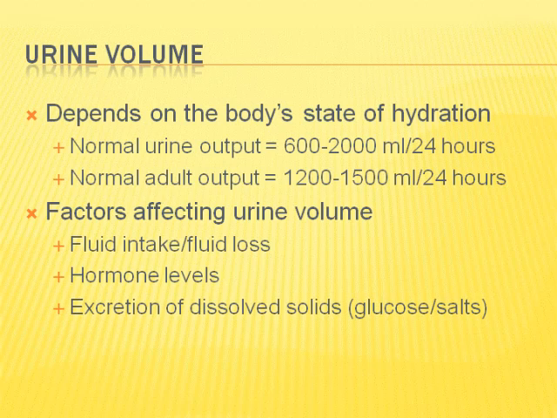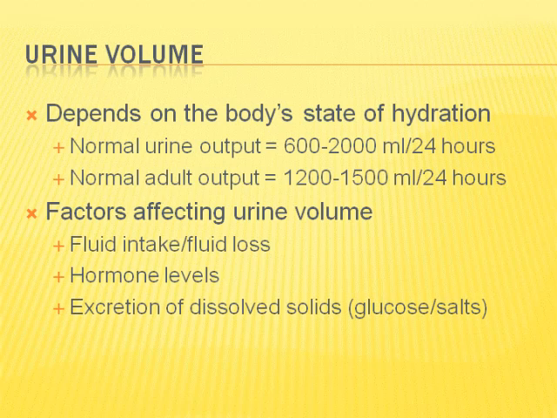Okay, how much urine a person produces a day depends on the body's state of hydration. So the normal range of urine output is about 600 to 2,000 milliliters in a 24-hour time period, with 1,200 to 1,500 milliliters per 24 hours being the normal adult output.